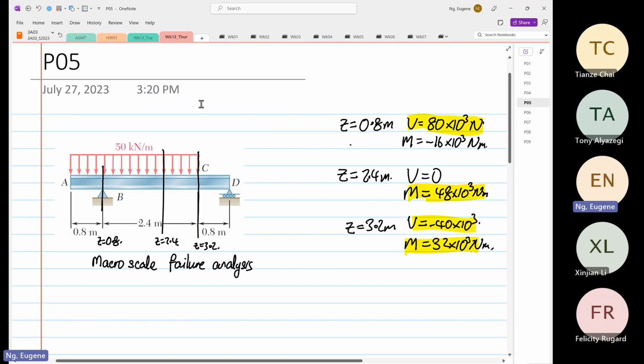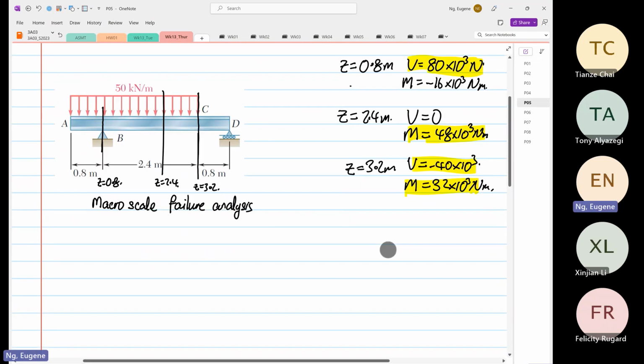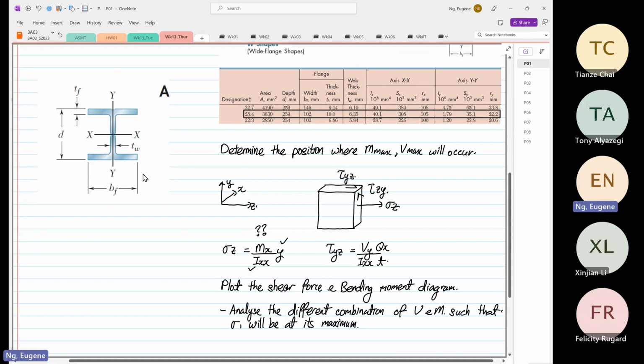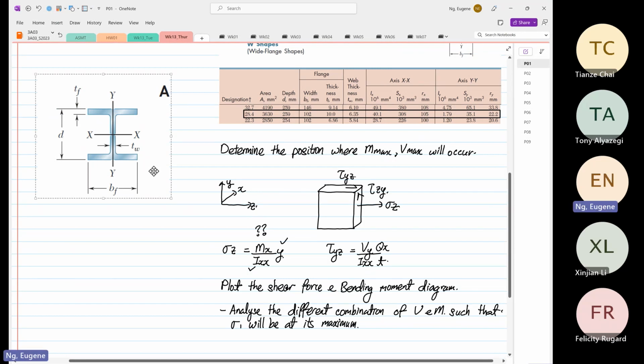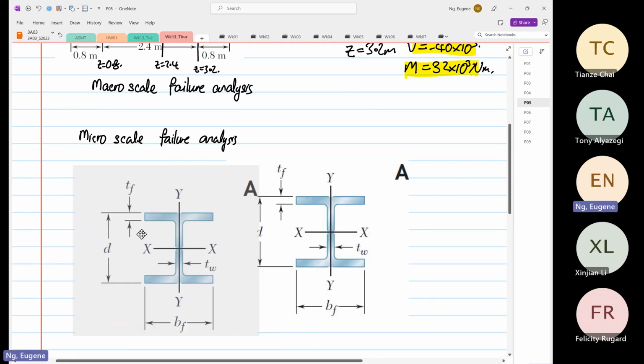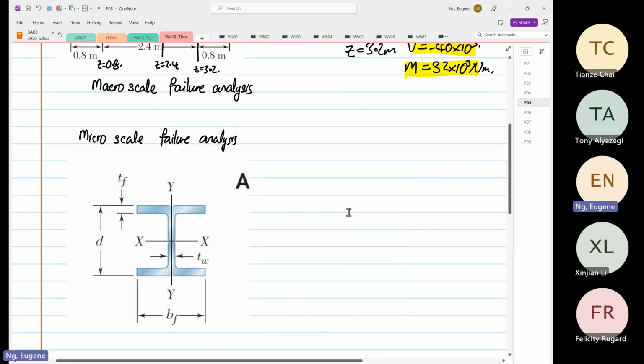Now next we are going to look at micro scale failure analysis. So for this case, we look at the cross section now, and failure will occur at this point.